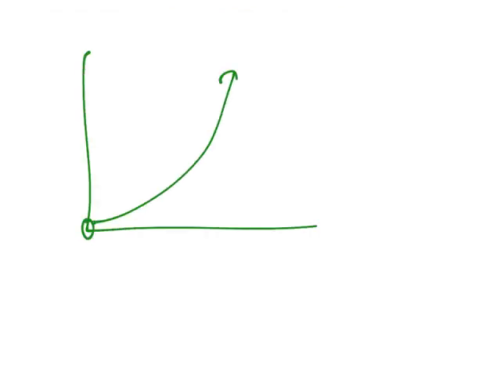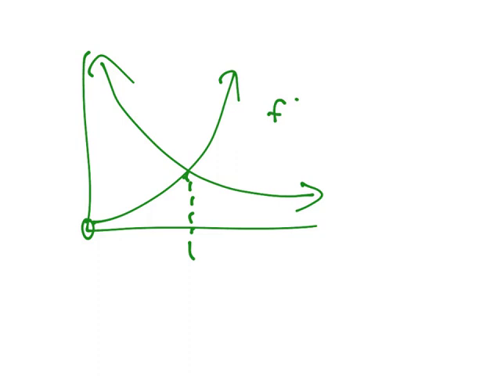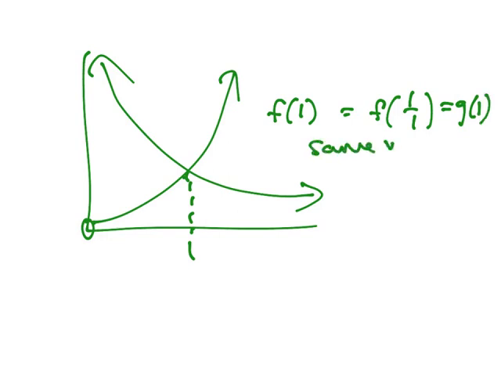So if we think about this, at the point of intersection, that's at 1, because when you do f of 1, that's the same as f of 1 on 1, so it will be the same as g of 1, so it keeps the same y value at the point where x equals a or x equals 1.